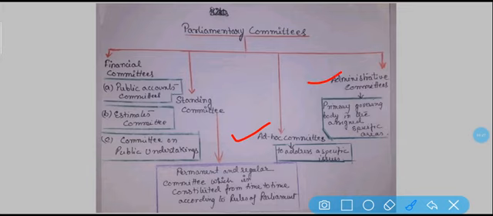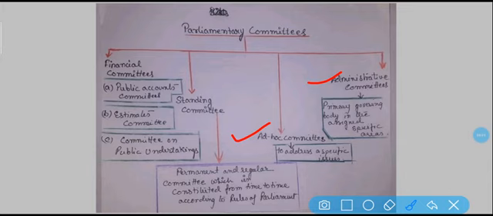And administrative means administered, meaning in a particular place, some primary governing body will be assigned so that they will take care of the specific areas. Taking the example of corona again, right now Delhi, Maharashtra, West Bengal are the three areas where the pandemic is spreading in a very large way. So right now the parliament has appointed the administrative committees of health to take care of these three particular areas. So the primary governing body is appointed.